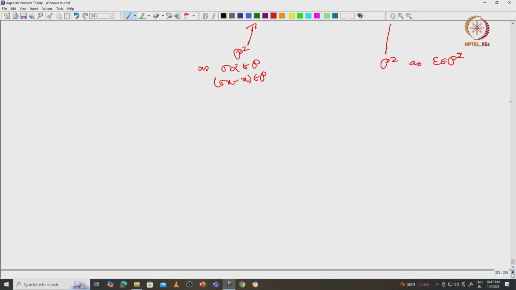So, this means that x sigma alpha minus alpha is in P square if and only if sigma alpha prime minus alpha prime is in P square. And therefore, we get what we want. We get the lemma about independence of P.